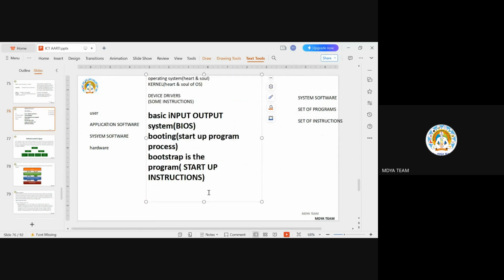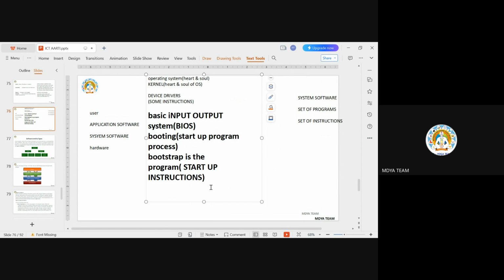All instructions are written in the BIOS. Okay, in BIOS there is booting where the processing is done, and bootstrap is the program that runs. Bootstrap is a program that runs when you start the computer.